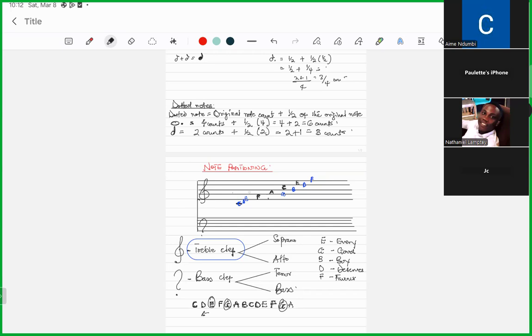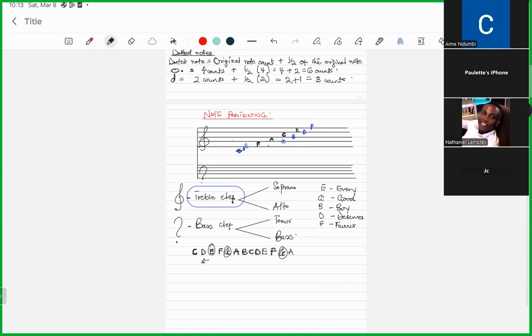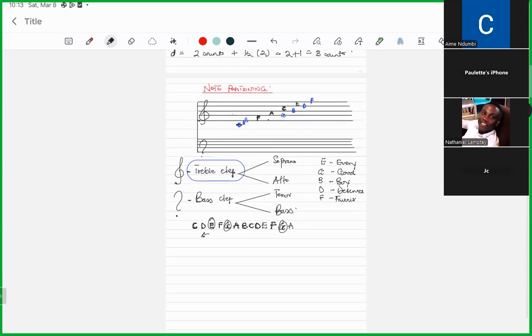So when you're able to identify the notes, then with the help of the key signature, you convert them into pitch. So is it do, re, mi, or fa, or whichever note it is. That's where we ended from our previous lesson. So we have to continue on.